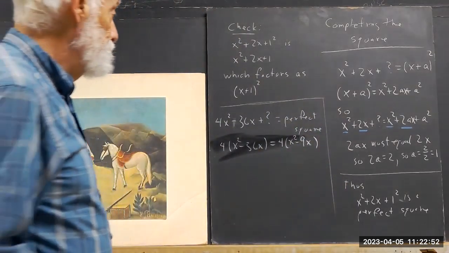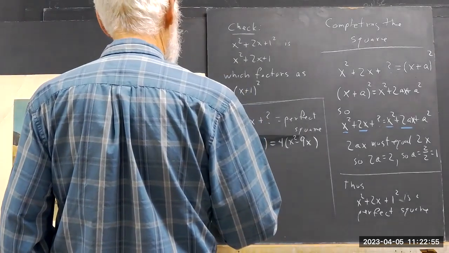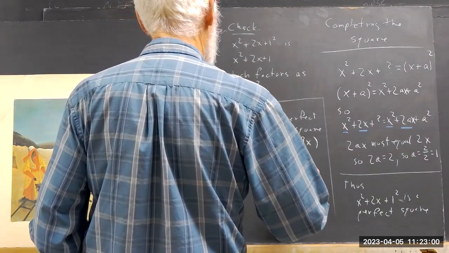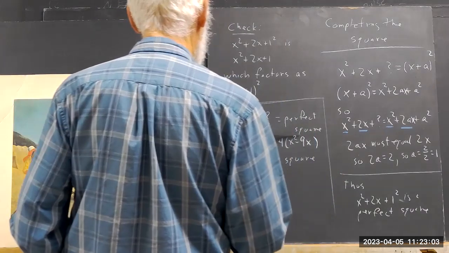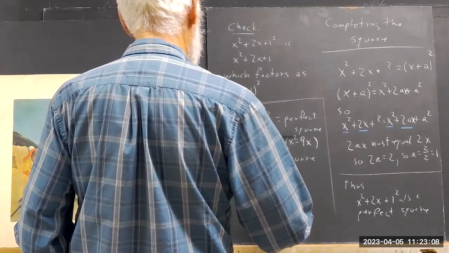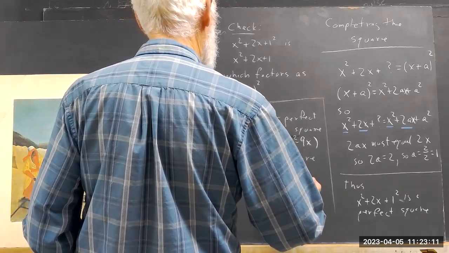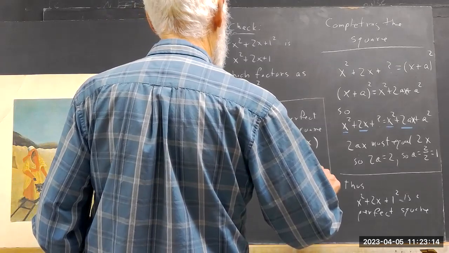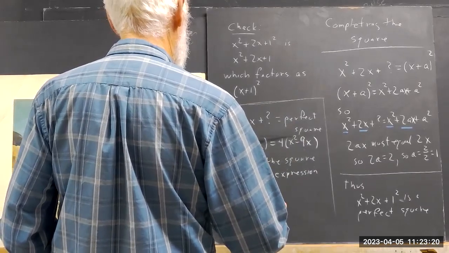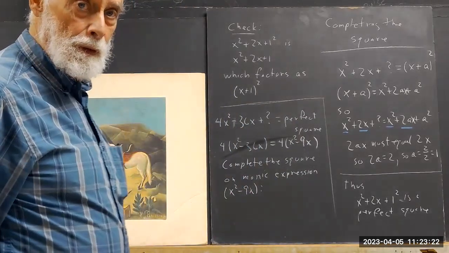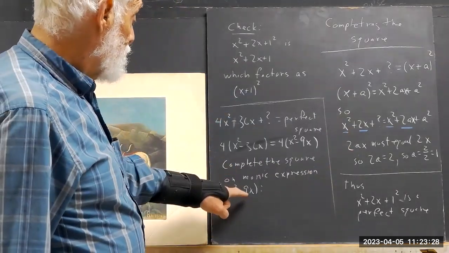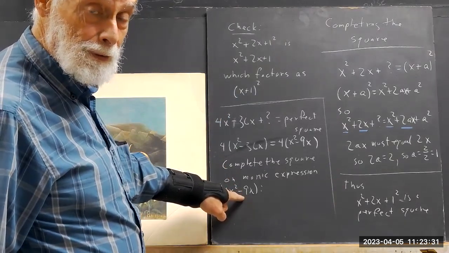Then we complete the square. We could write all this out, but it comes down to half of that, minus 9, is minus 9 halves.